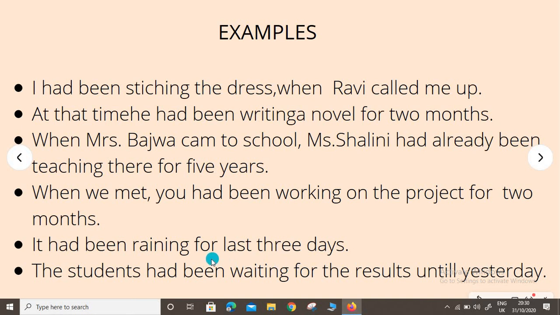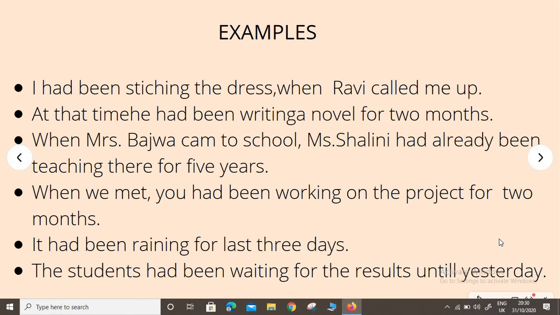So for the last 3 days is the time reference, and it had been continuously raining for the last 3 days. The students had been waiting for the result until yesterday. So words like yesterday, lately can be used. So these are some of the examples of past perfect continuous tense.